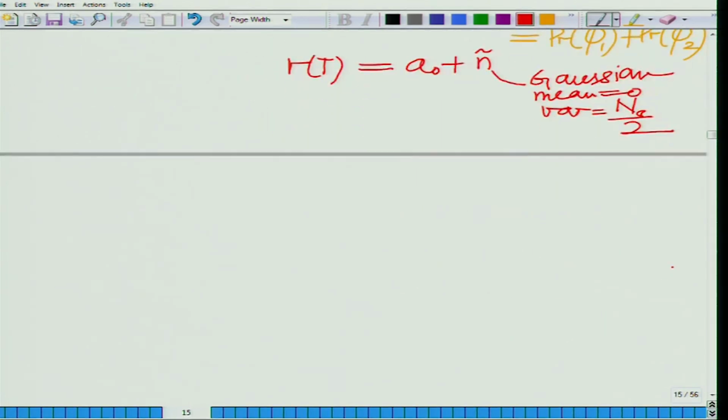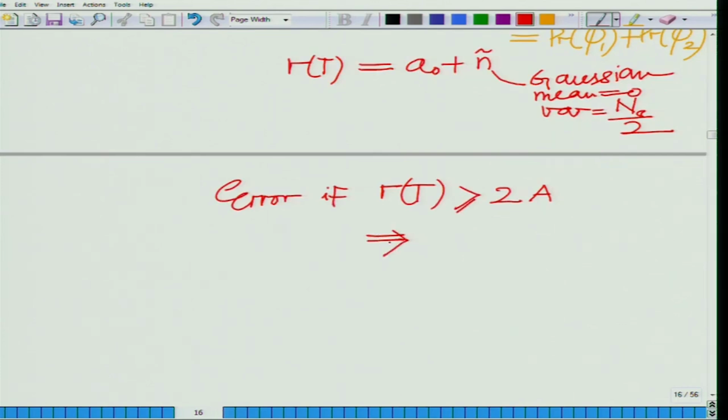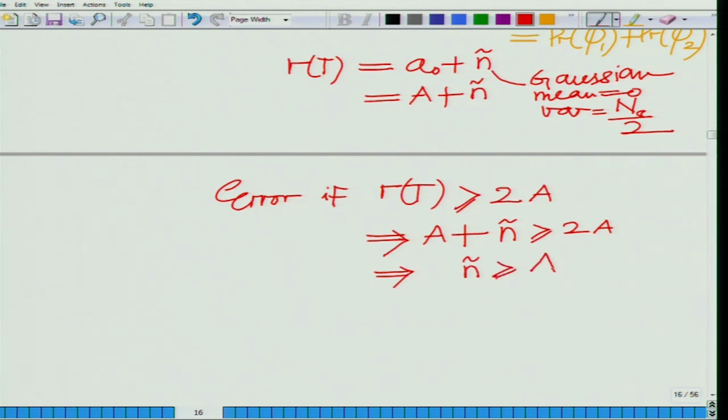Now, error occurs if either RT is greater than or equal to 2A, which implies A naught plus n tilde is greater than or equal to 2A. Remember, A naught is A because we are considering the transmission of A, which means A plus n tilde is greater than or equal to 2A, which implies n tilde is greater than or equal to A.